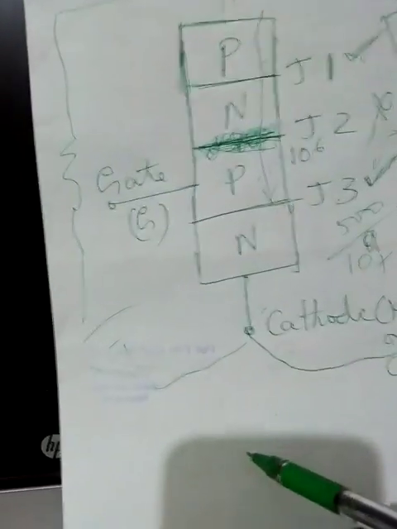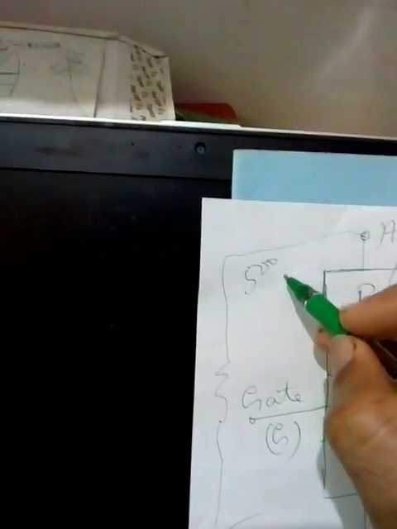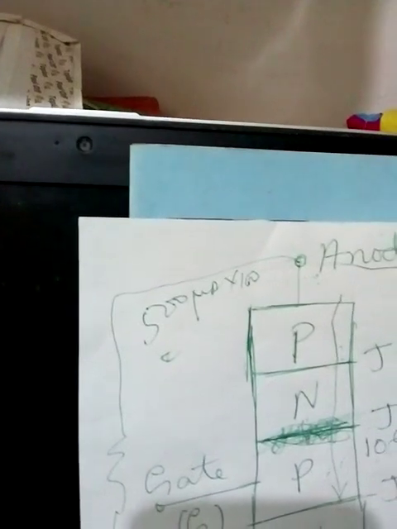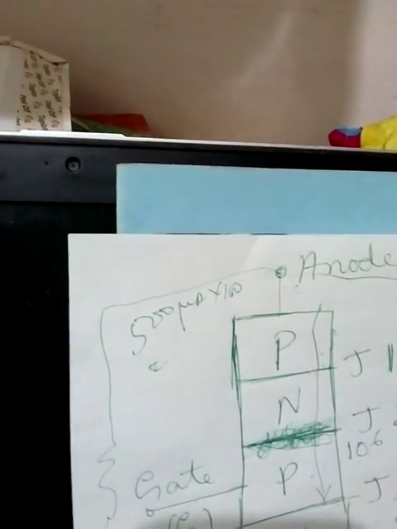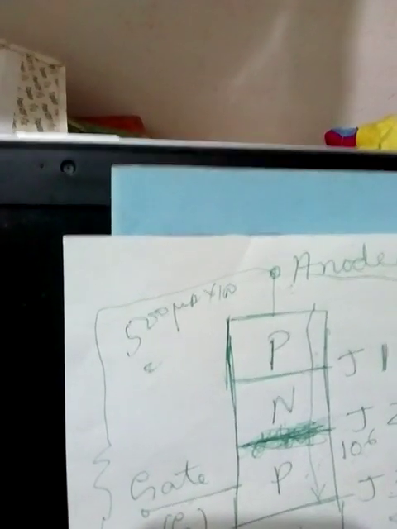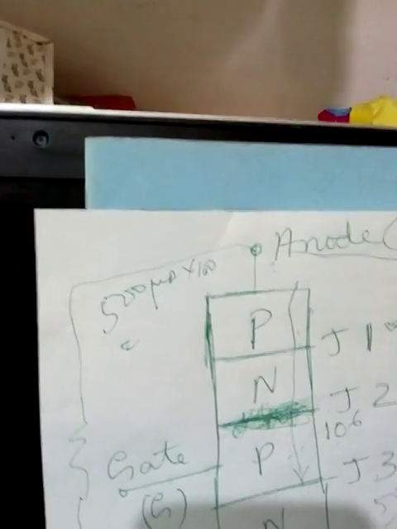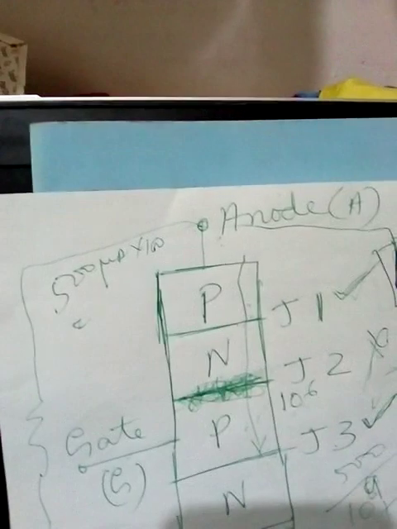How much will it come? 500 microamperes into 100 is equal to some around 5 millivolt. 5 millivolt, 0.05 volt, 50 millivolt. So 0.05 volt here it will be.